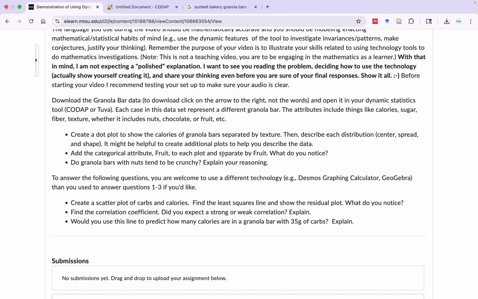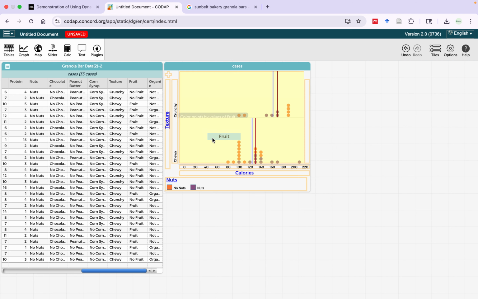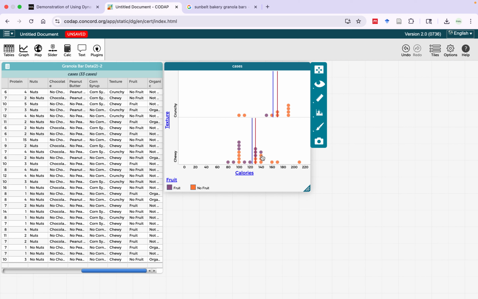Categorical fruit. To each plot, separate by fruit. What do you notice? Where do the fruits go? One at a time, they said. Yeah, they don't have fruit.